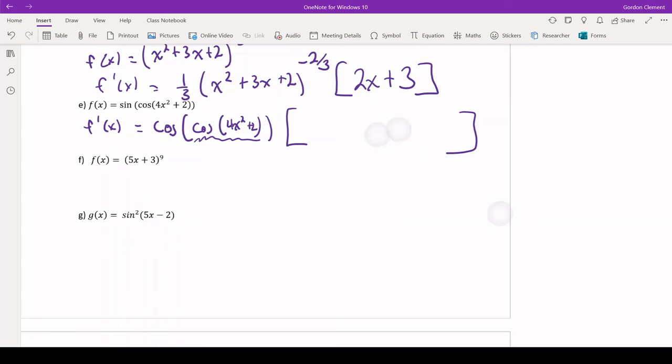Derivative of cos is minus sine. Leave its inside function there. And then the chain rule says, once again, multiply by the derivative of what's inside. So in order to do the derivative of this inside piece, I need the chain rule again. It says do the derivative of this. And I've hit a derivative that I no longer need the chain rule for. The derivative of that inside is just 8x. We know that one already. So I think we're done there.